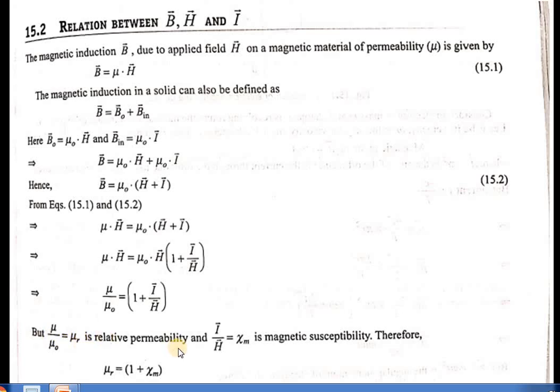Substitute mu r and chi in the above equation. You get mu r = 1 + chi. So this is the relation between the relative permeability and the susceptibility.